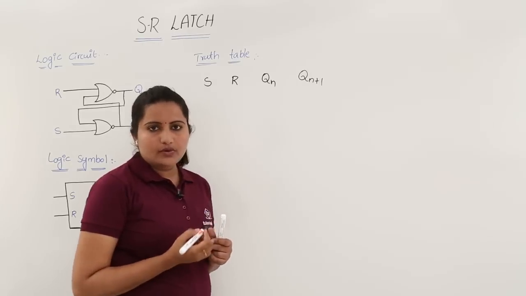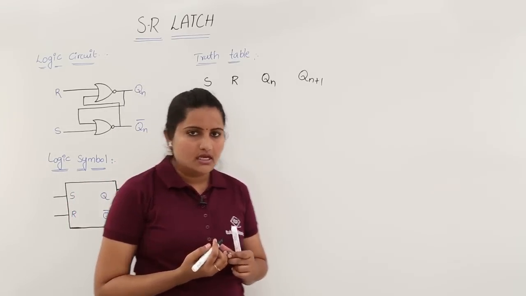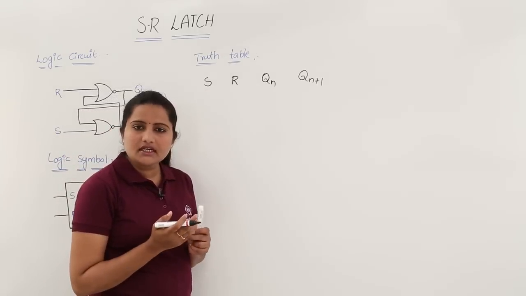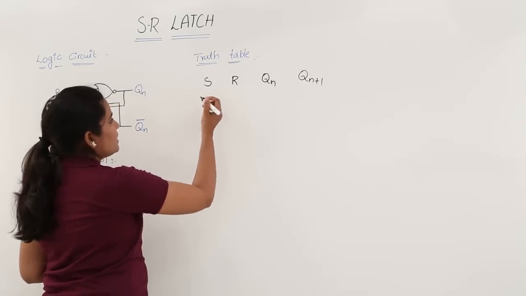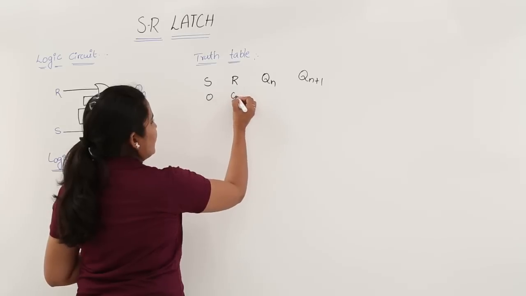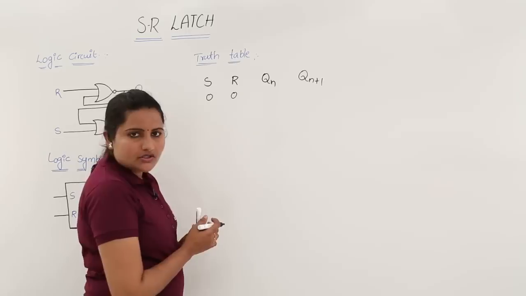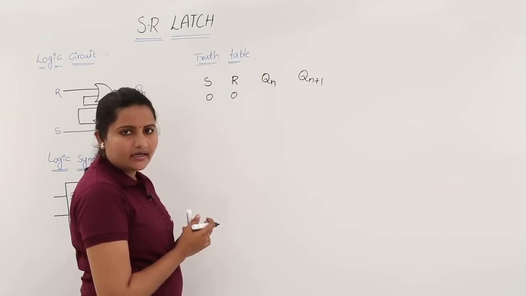Now, we will see how we are going to take those inputs. With three inputs, how many combinations will there be? We can have 8 combinations with the 3 input variables. So our inputs here are S, R and Qn.